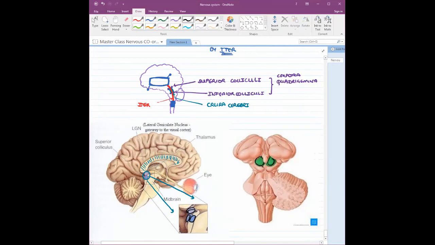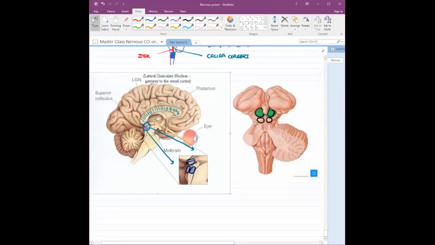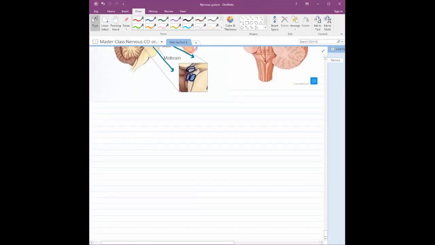And this is going to be your inferior colliculi. Like this. That is going to be, once again, your corpora quadrigemina. Once again, guys, I'll show you one more way in which you can see this thing, so that everything is all right.